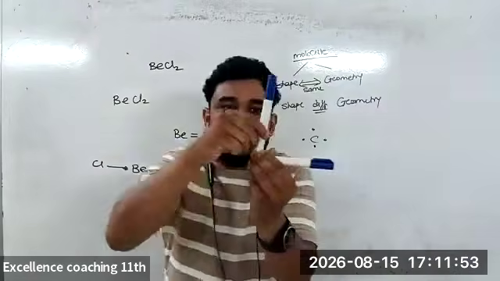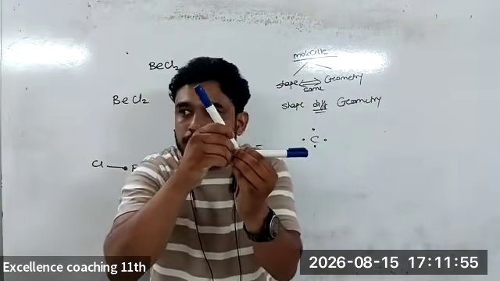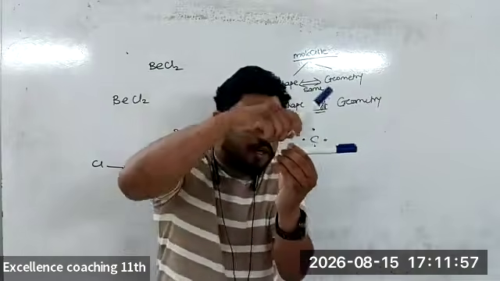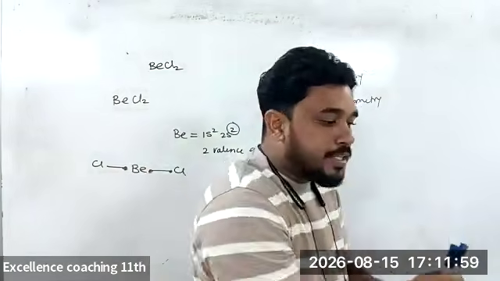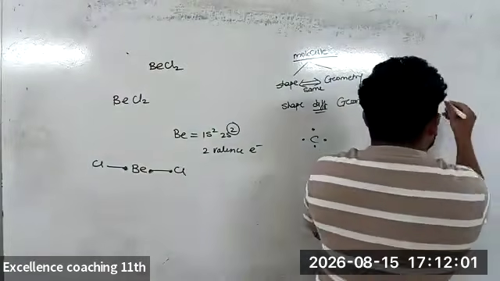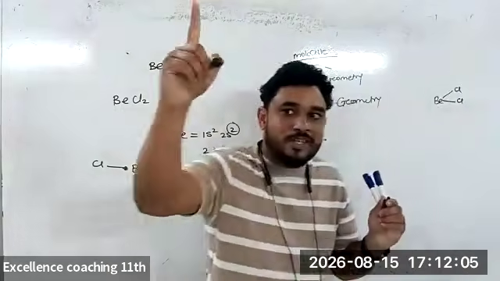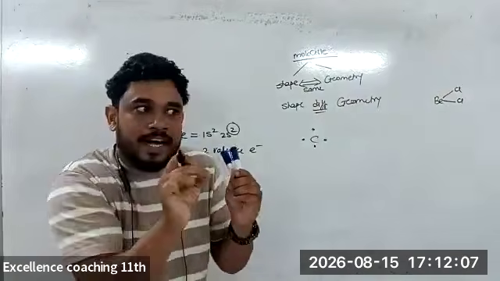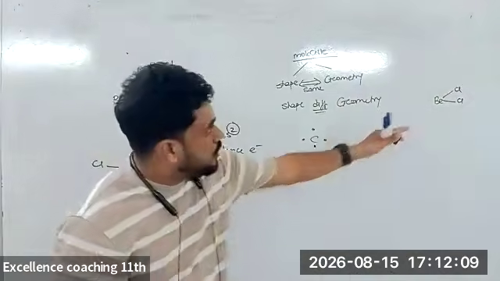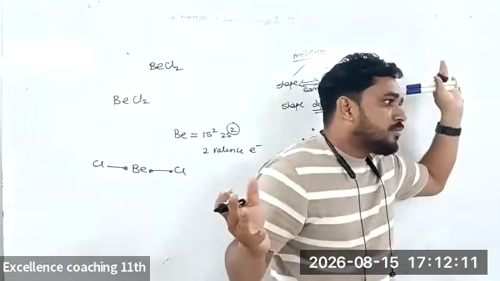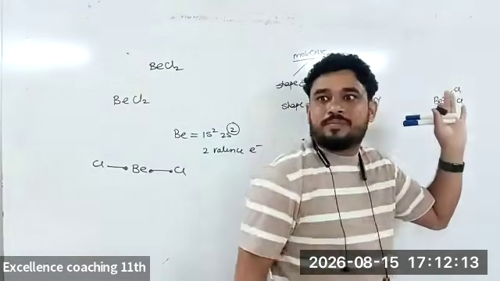And if I want to minimize repulsion, I have to keep those bonds far apart. Someone can say I can put those chlorines like this. Yes or no? In the Lewis dot structure, there is no criterion to draw those structures; you can draw any, because it doesn't tell you the shape.